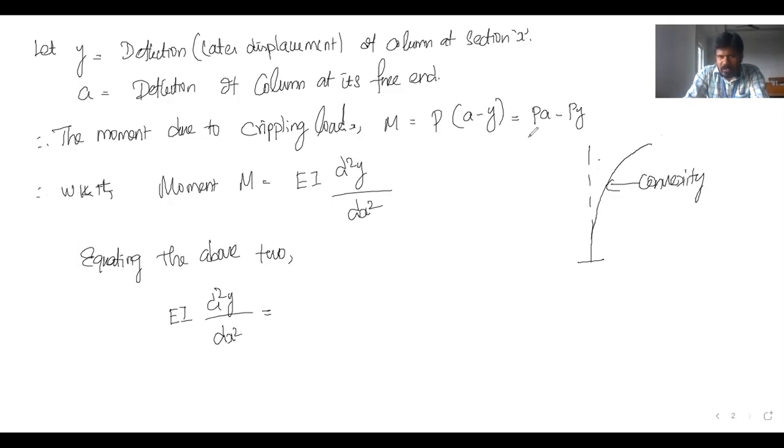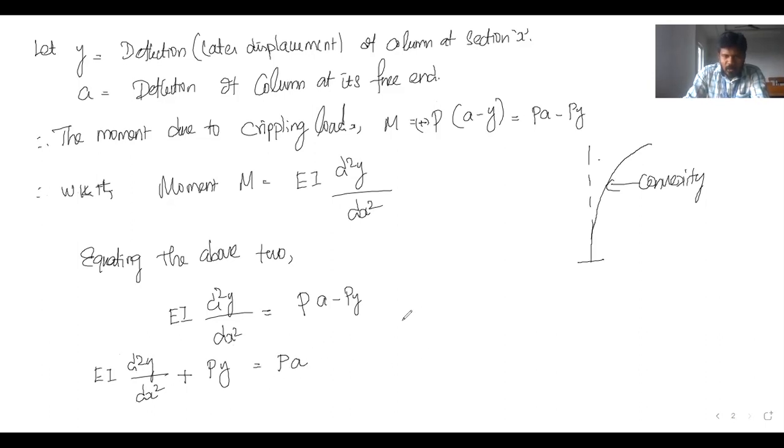If it is convexity, then we use the plus sign for the moment, so PA minus PY. Now the equation changes to EI into d squared y by dx squared, minus becomes plus, P into y is equal to P into A.